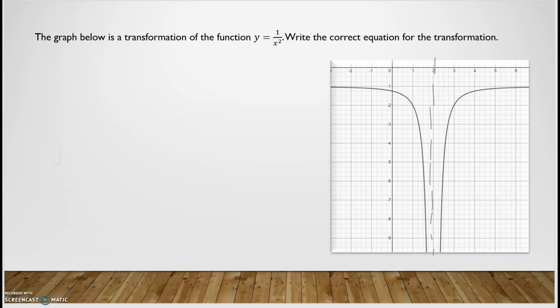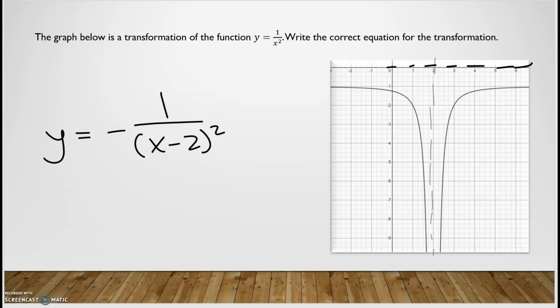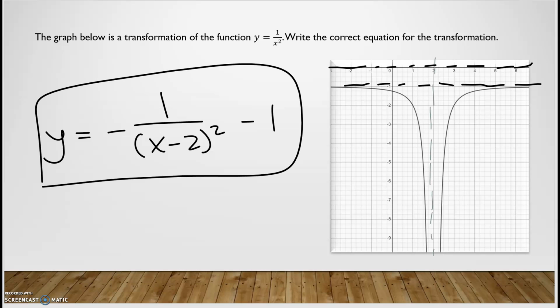Okay, so we can go ahead and write y is equal to negative 1 over, and we said that it moved to the right 2 units, so x minus 2, whole thing squared. And then notice there's not an asymptote for the x-axis anymore. Looks like it shifted down to negative 1, so it shifted down, or minus 1. So this would be our formula for that transformation.